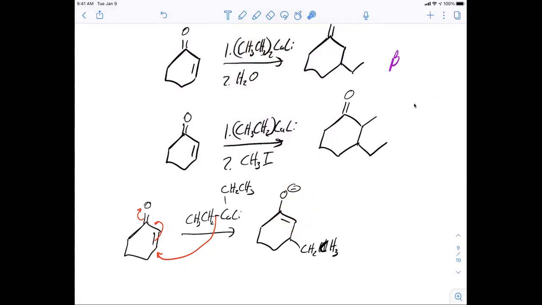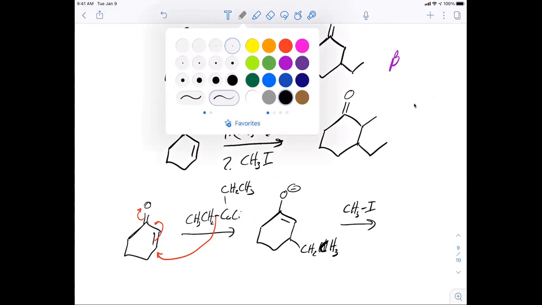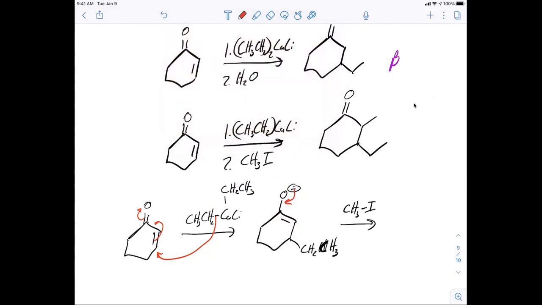Well, I could protonate it, form the enol, and then the enol tautomerizes to the carbonyl. But the alpha beta addition strategy is to add the electrophile, right? So we added the electrophile in the second step. Now that just reacts.